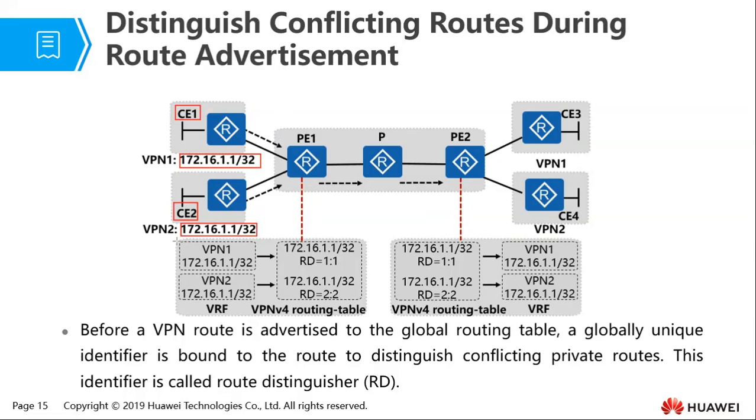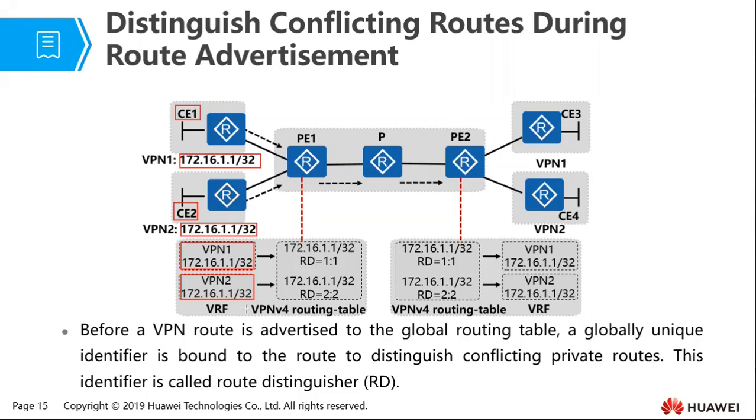Now, as we've said already, PE1 is going to create VRFs, which are VPN routing tables. So for VPN1, it saves that there. And it's also going to create a VPN2 instance and save that route there.